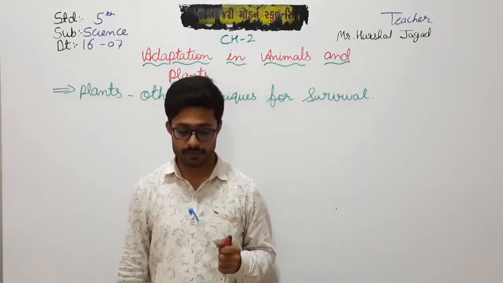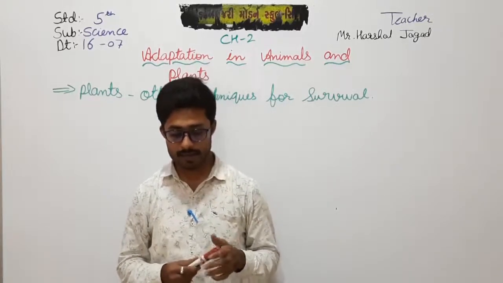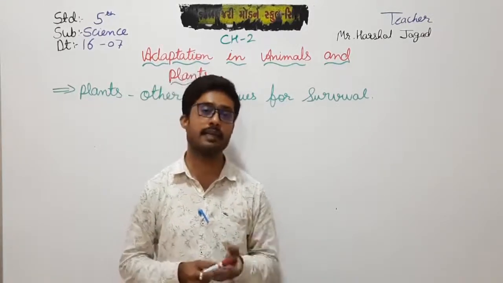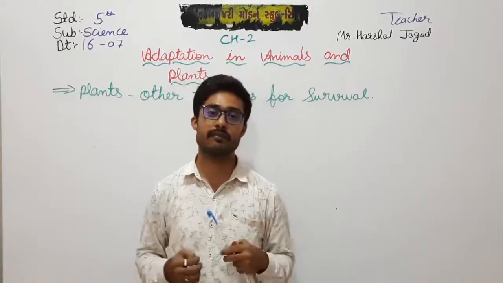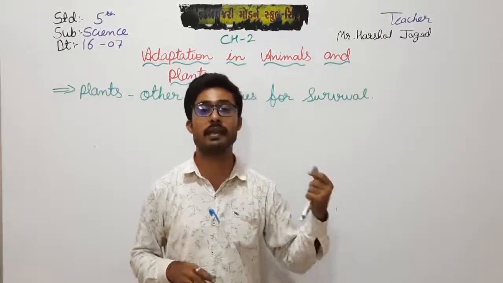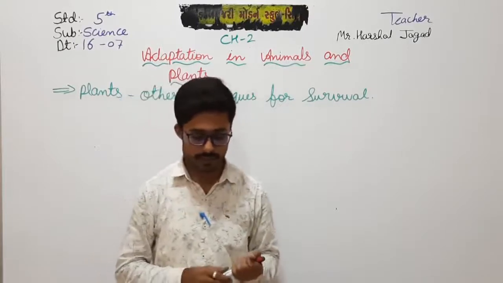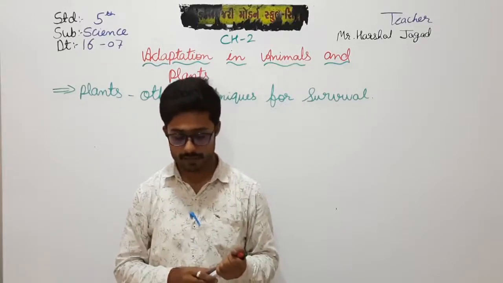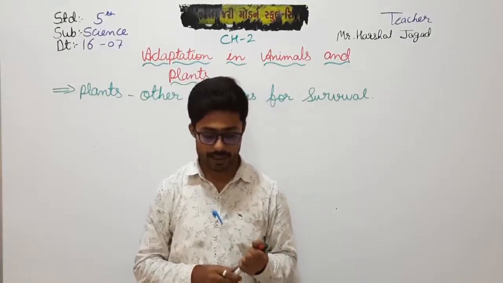Nature ensures that all living things are adapted to their environment. Here, nature has given some functions of the body. That means they adapt themselves to the environment. Flowers that bloom during the day are brightly colored to attract bees, butterflies, and birds that help in pollination.